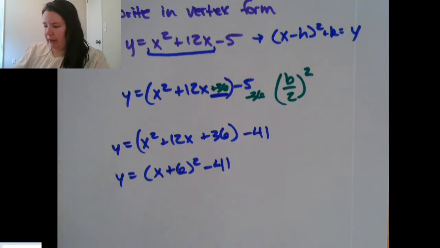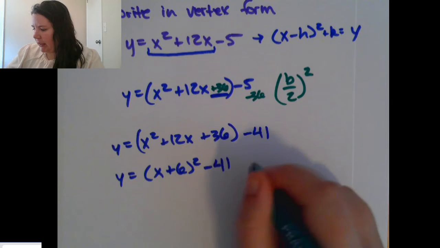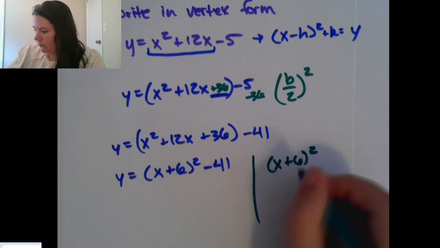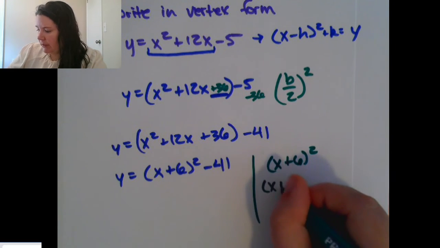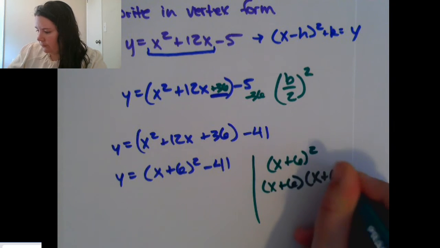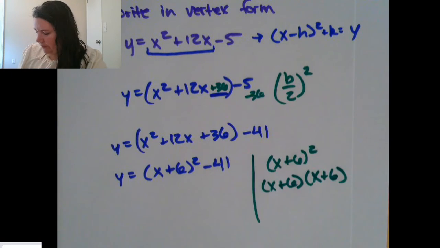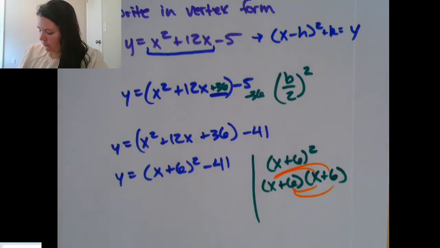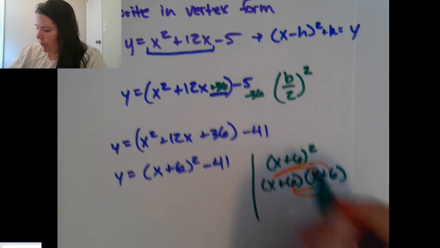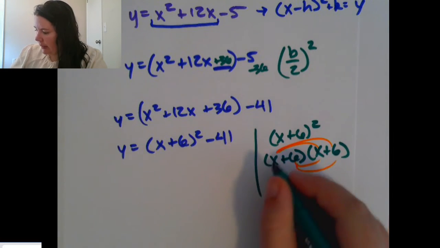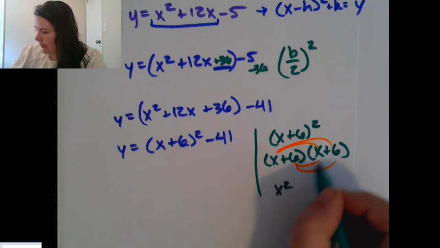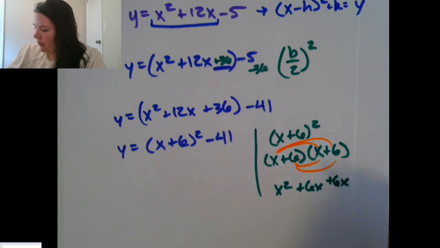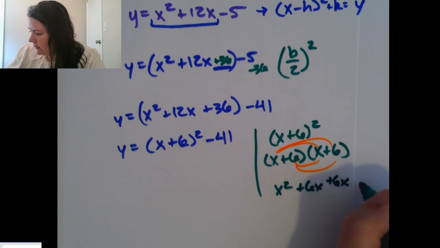and this is just me working on the side, this isn't extra steps of the problem, I'm just explaining here that x plus 6 squared is the same thing as x plus 6 times itself. And we can distribute here to show x times x, 6 times x, another 6 times x, and 36.